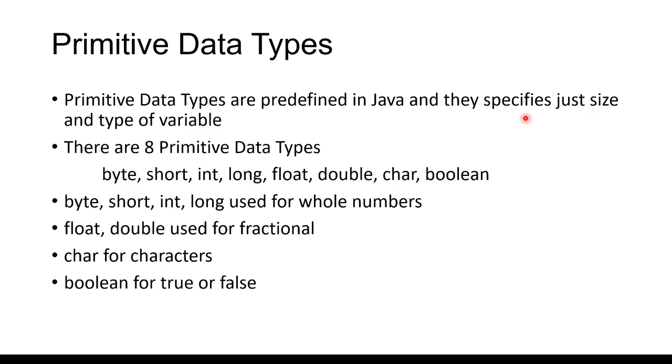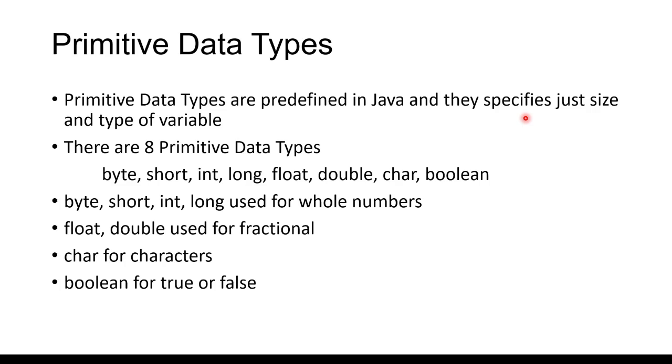For example, if you create a variable of some data type, we can just store the value in it, and by calling that variable we cannot perform any other operations. That variable can be used in other operations, but we cannot call any operations with the help of that variable.